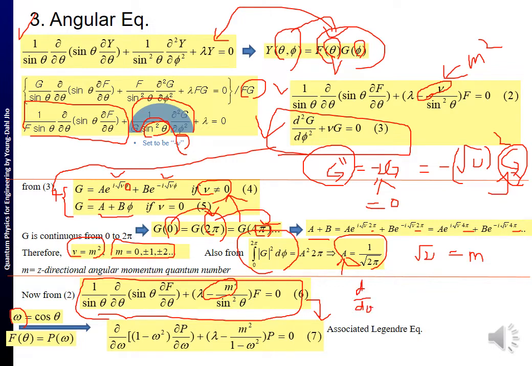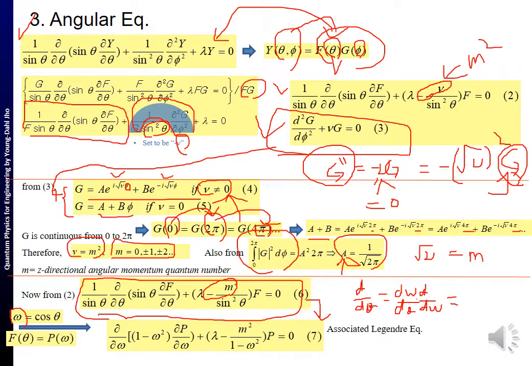If we change it with this w function, then you need to differentiate w with respect to zeta like this.